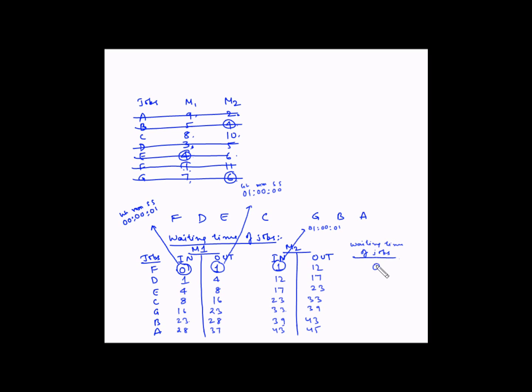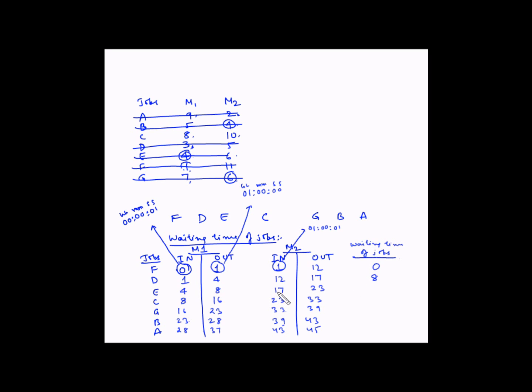So the waiting time is 0. For D, D comes out of machine M1 at the 4th hour and goes into M2 at the 12th hour. So there is a waiting time of 12 minus 4, that is 8 hours.